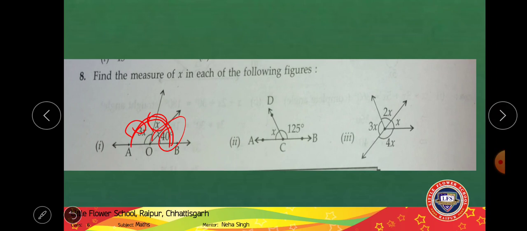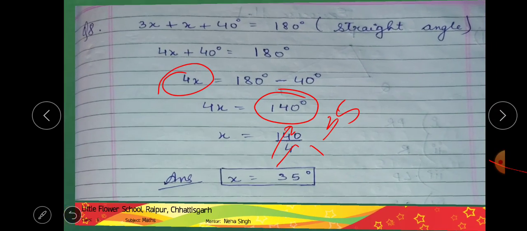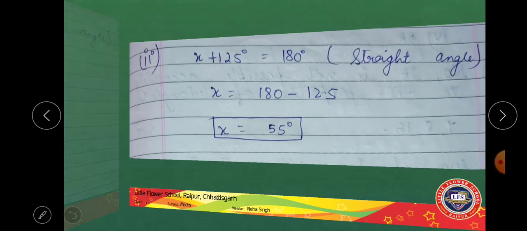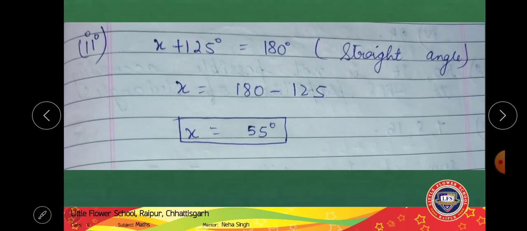Now coming to the next question, that is the second question. See, now there are only two angles. What will be the equation formed? x plus 125 degree will be 180 degree, right? x plus 125 equals 180. Again we'll write the statement because it is a straight angle.